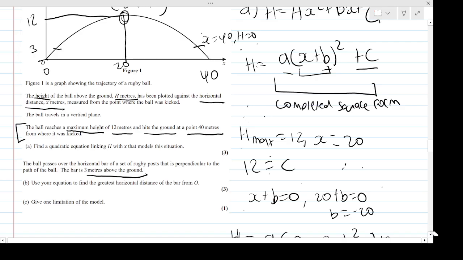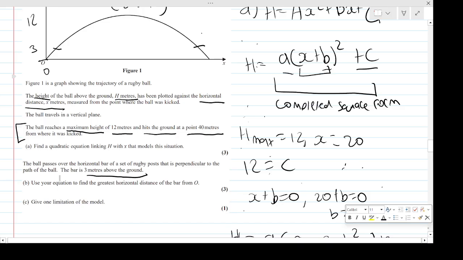Okay. So I'm going to get rid of these now, just to make the graph clear. We don't need the information anymore. But essentially, the bar we're told is 3 meters above the ground. You should be able to recognise and convert that to h, saying h is 3, which should be here.